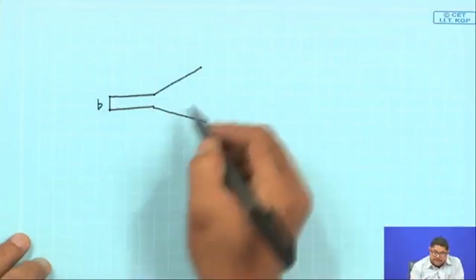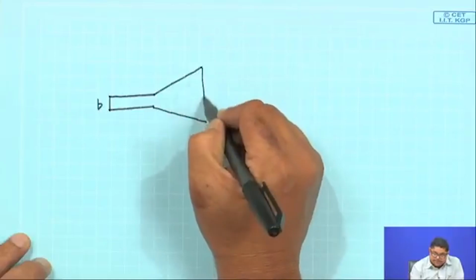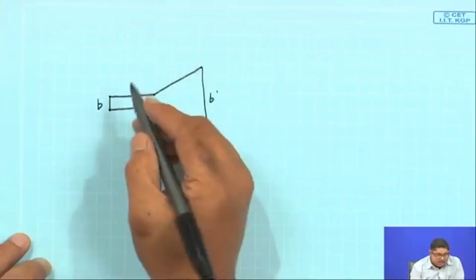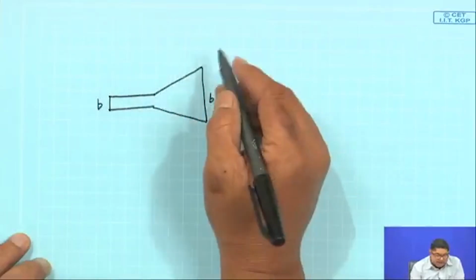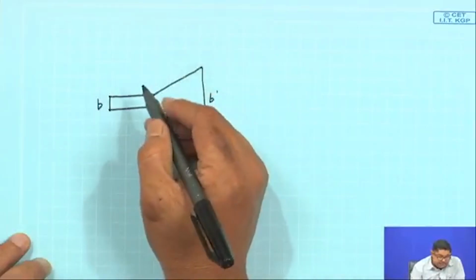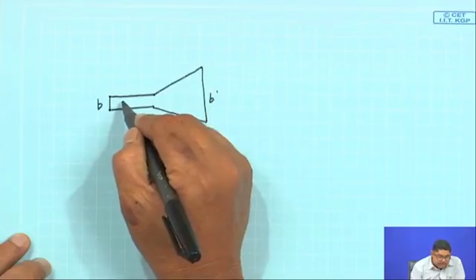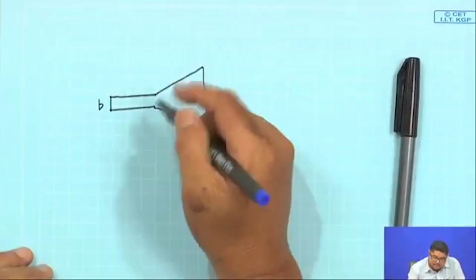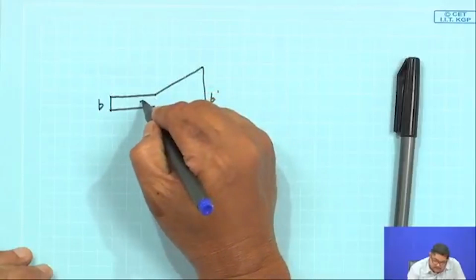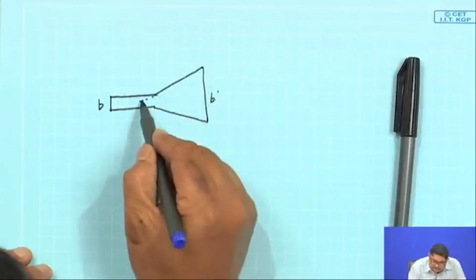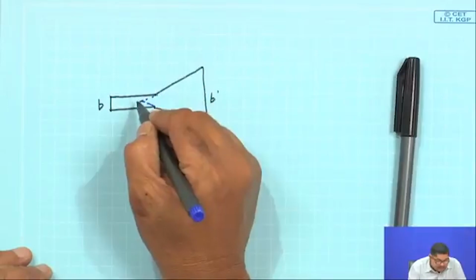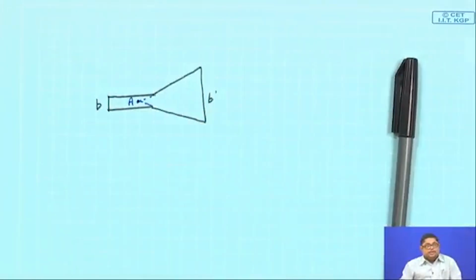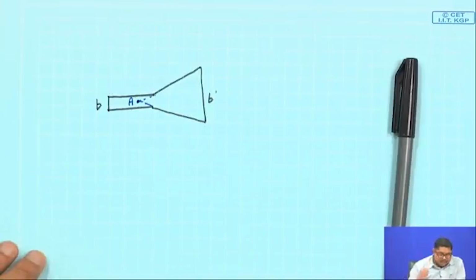So, B is getting flared to B dashed. The apex, let me call it A. This point is the apex of the horn A.